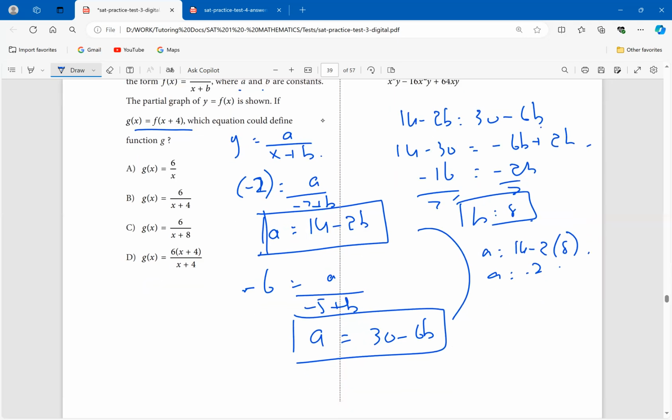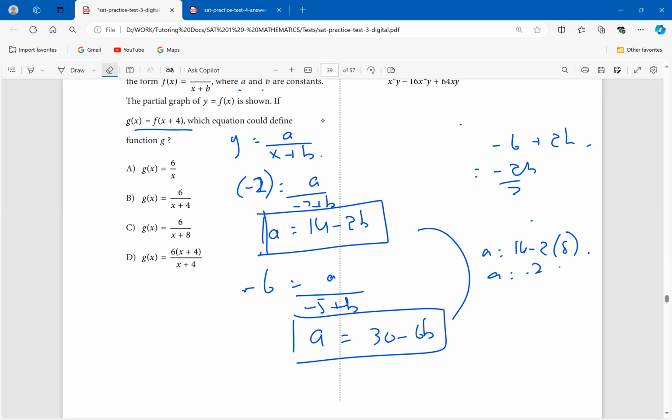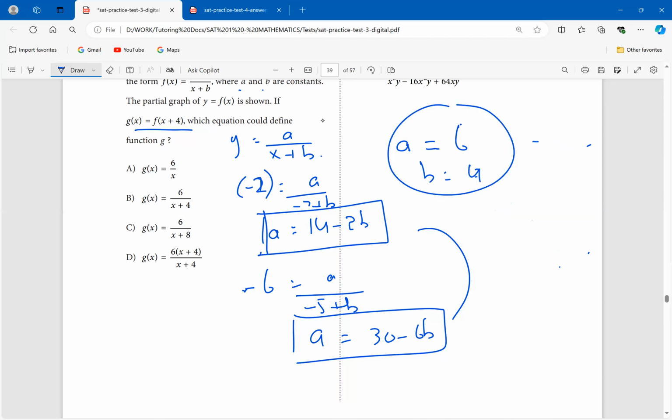Hold on, let me just solve this one again. We'll just directly put these on the calculator because now you have the calculator allowed. And if you put in simultaneous equations, you get the answers right away. Okay, so I'm getting a as 6 and b as 4. We're going to use these values.